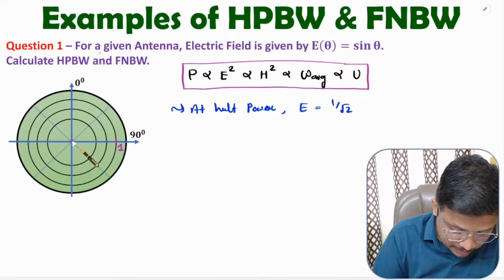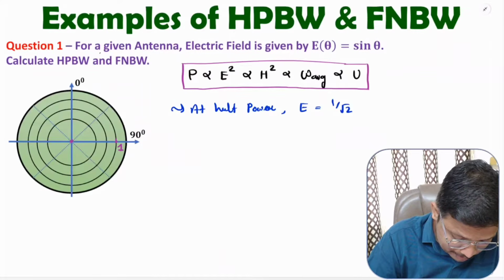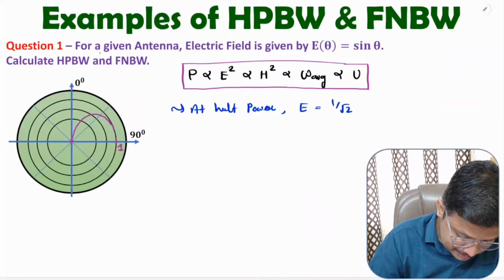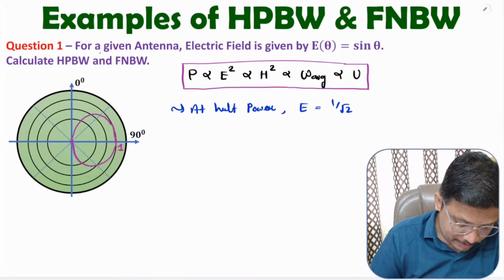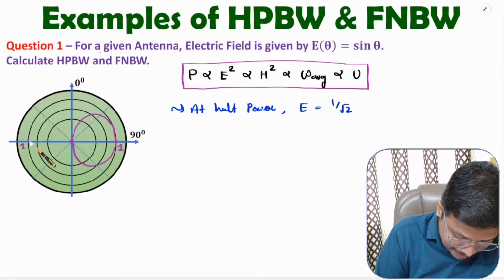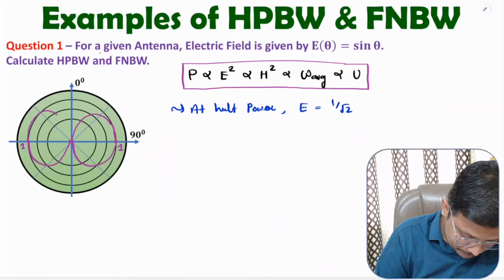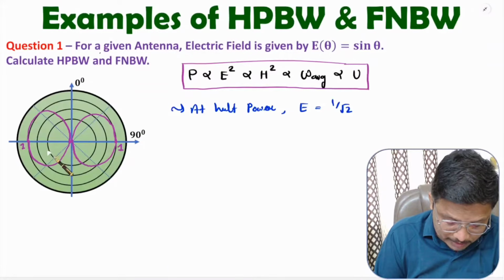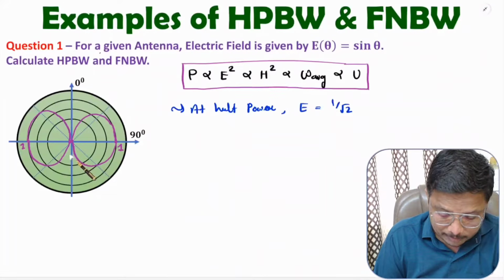So it is 0 over here. If you plot it, it is somewhat like this. On the other side also you can plot it. If I say this is 1 over here, then it looks somewhat like this, right? So this is how one can plot sin theta.